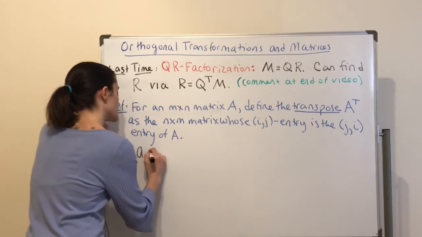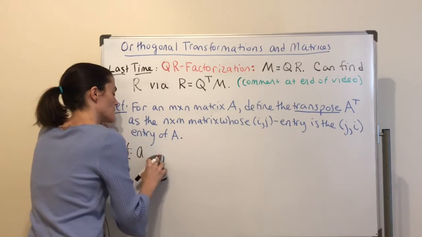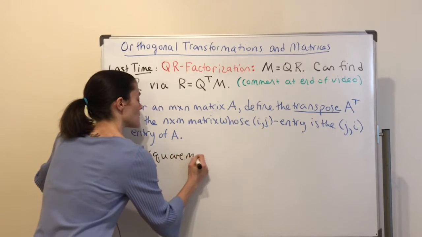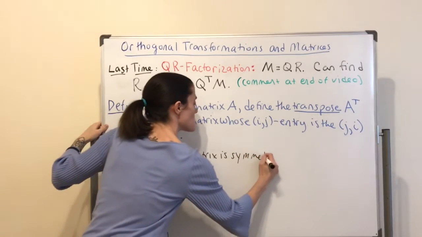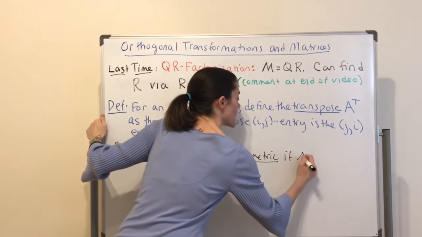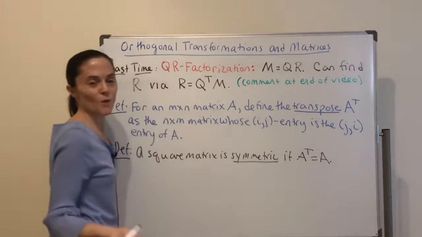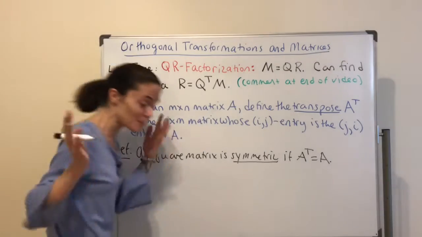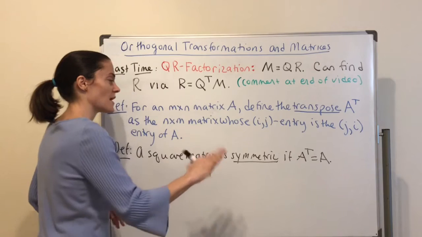A square matrix is symmetric, this is what I'm defining, if A transpose is A. And you see that you need square, because the only time these are equal is if you have a square, or could possibly be equal, I would say. Definitely, it's not always the case. But it's symmetric if A transpose is A.